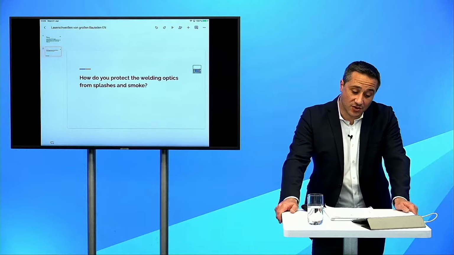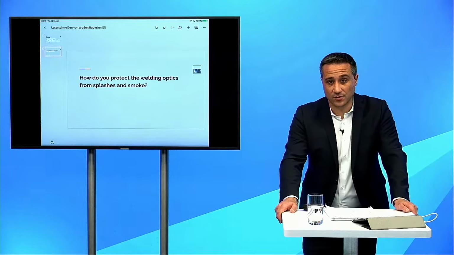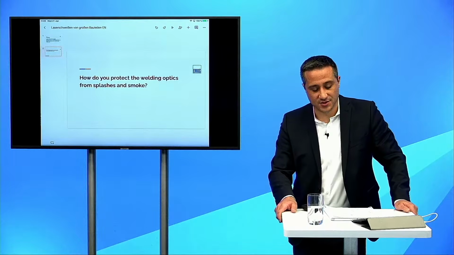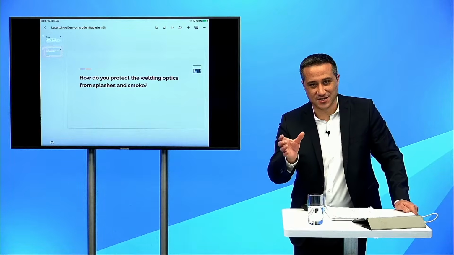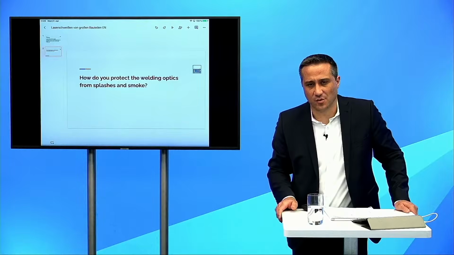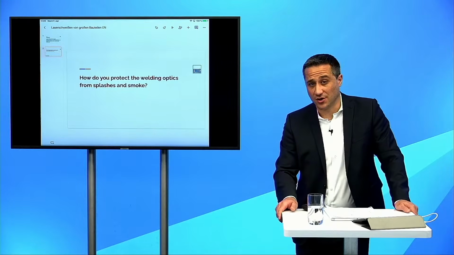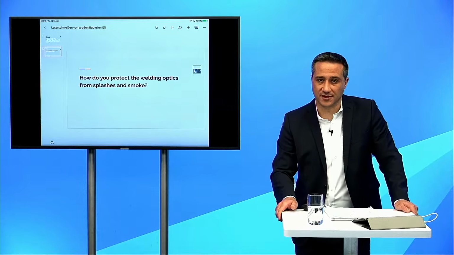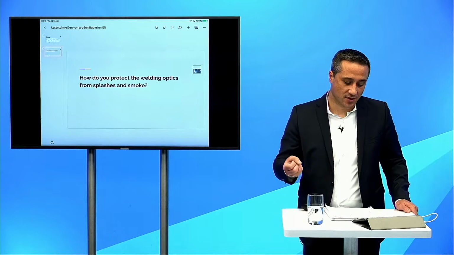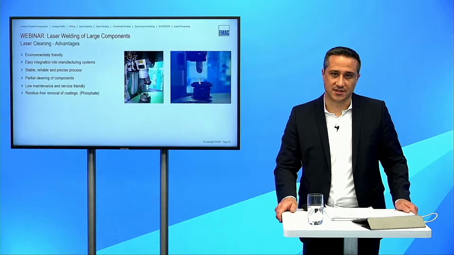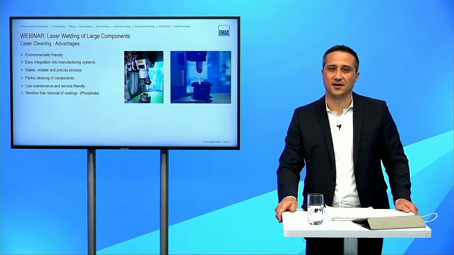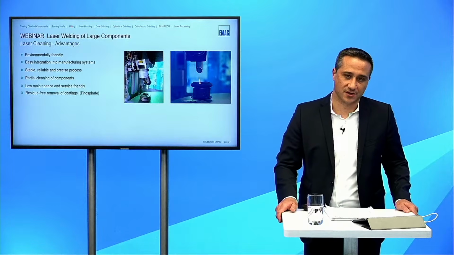Regarding the welding optics, we have shield glasses in front, which are more or less standardized components from the optics supplier. And for sure, also very important is the fume extraction to exhaust the fume during the welding process itself, which makes it easier in regards to the protection.